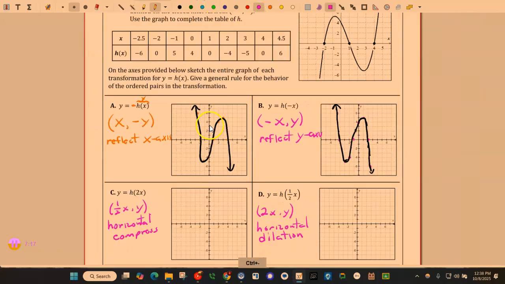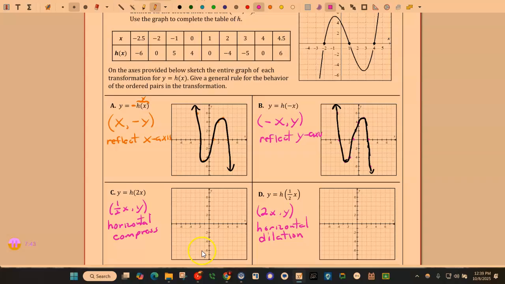Let's go smaller. All right. So we are going to take half the x-coordinate and keep the y-coordinate. So we have to be careful about this. We're going to take half of, let's say, this negative 2.5, which would be negative 1.25. And negative 6. Negative 1.25, and we're estimating, of course, and negative 6.